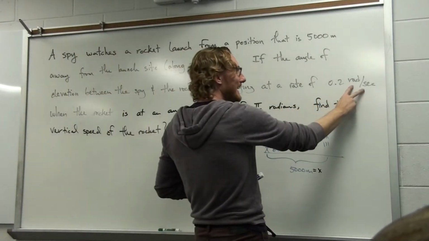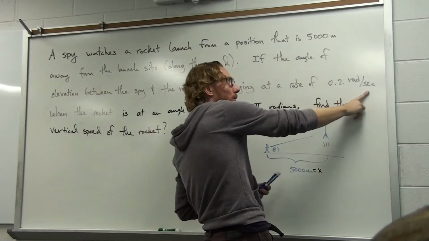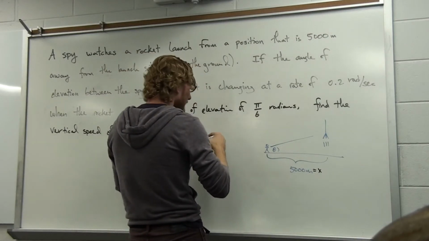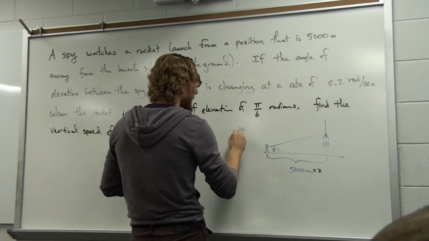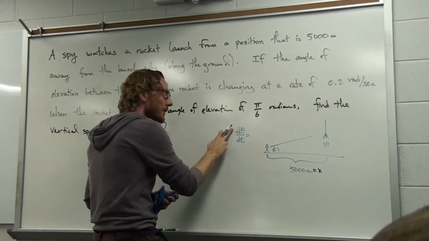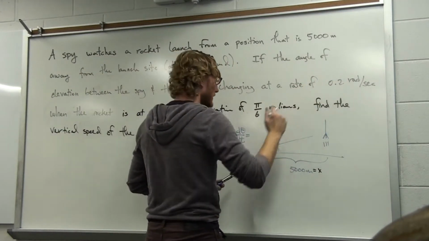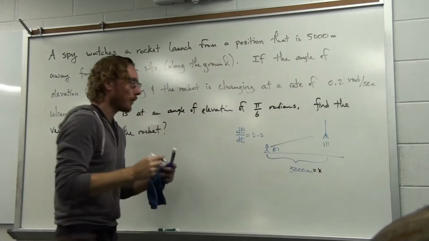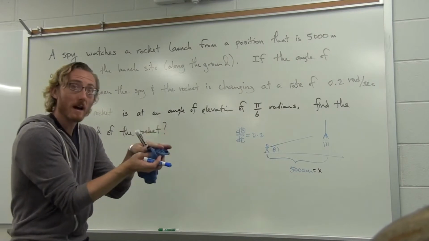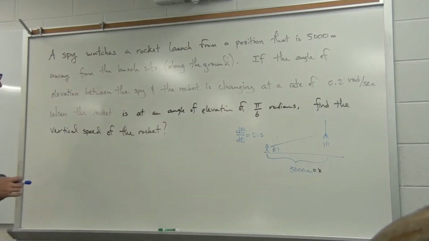You can actually see in the unit here, this is a unit with respect to some change in time, in particular, this is a unit of d theta dt. The change in the theta, the change in the radians with respect to time, 0.2. Note, it should be a positive number, right? Because as the rocket goes up, the angle is going to be growing.